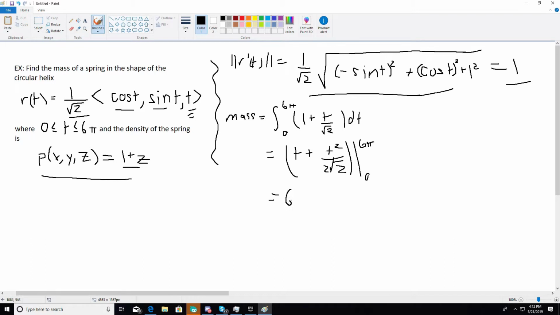This will give you 6 pi times parentheses 1 plus 3 pi over rad 2, which is equal to 144.47.